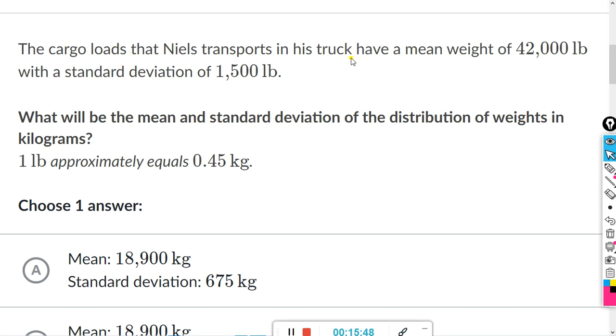Okay, cargo loads at Neil's Transports in his truck has a mean weight of 42,000, standard deviation of 1,500. What will be the mean and standard deviation of the distribution in kilograms? 1 pound is approximately 0.45 kilograms. So in order to convert from pounds to kilograms, we have to multiply by 0.45.